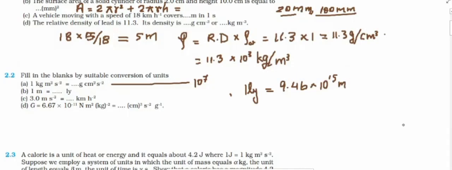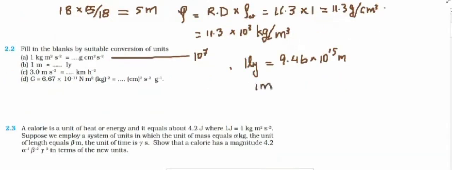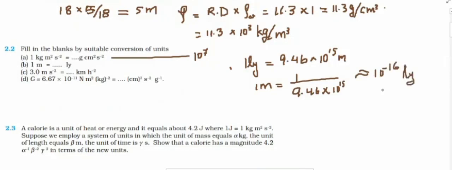So just cross multiply it so that 1 meter is equal to 1 divided by 9.46 into 10 power 15. So you will get approximately 10 power minus 16 light year approximately.